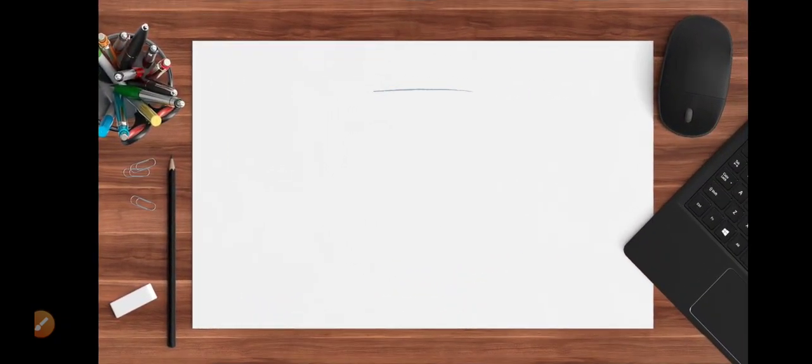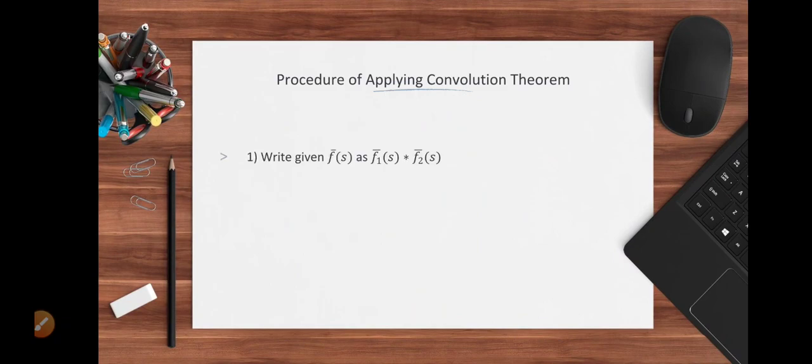Now we will see the procedure to apply convolution theorem. First write the given function of s as product of two functions of s such that their inverse Laplace transform can be easily obtained. These two functions we may call f1 bar of s and f2 bar of s.